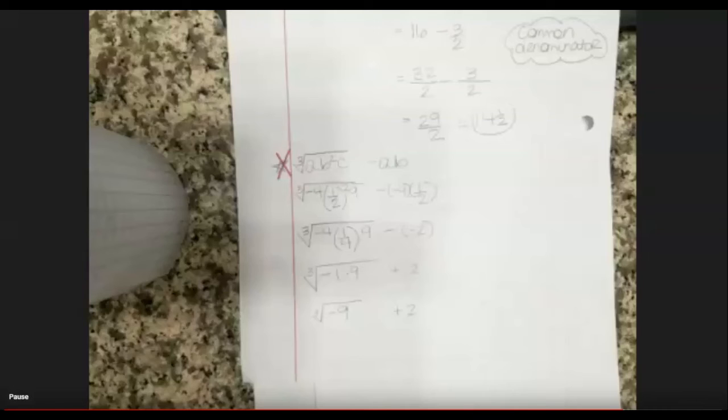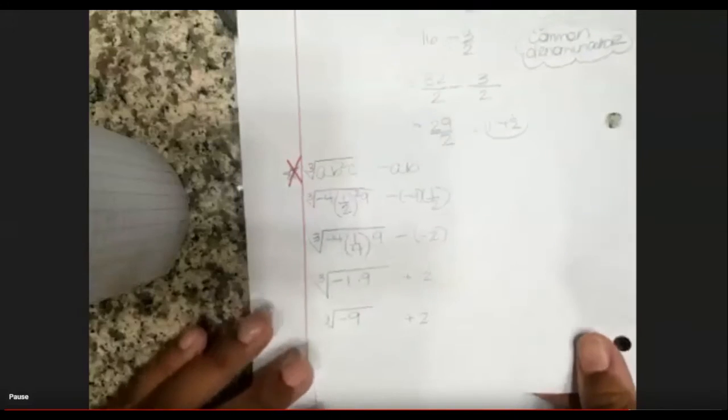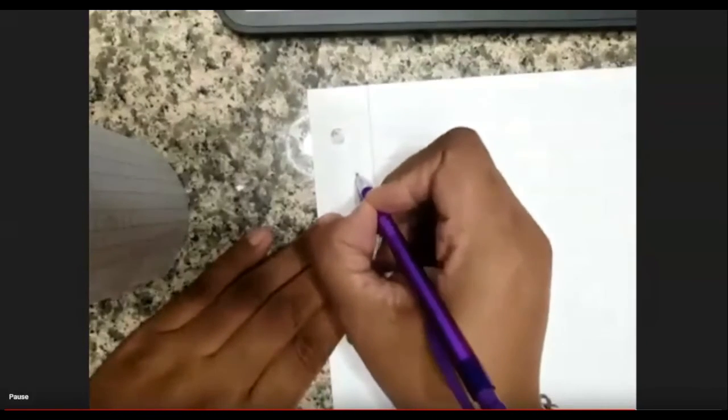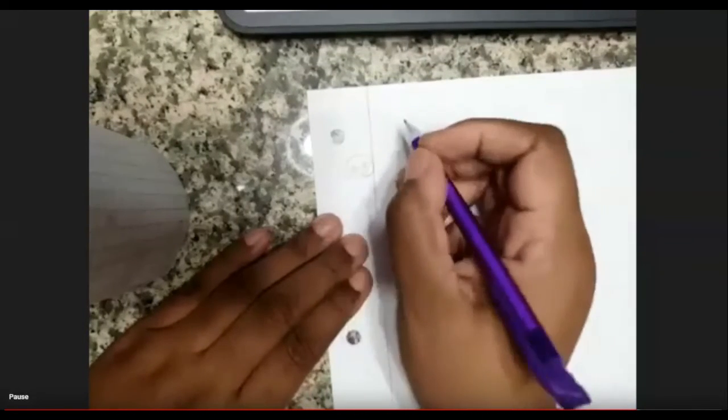And if you want to get a decimal answer for cube root of -9, that is equal to -2.08 if you want to write that down. The cube root of -9 is -2.08. And then we're going to look at the last problem, number 3.